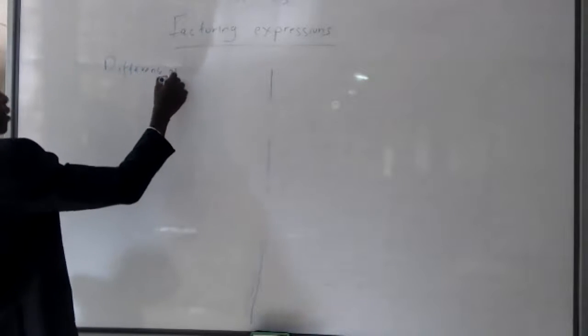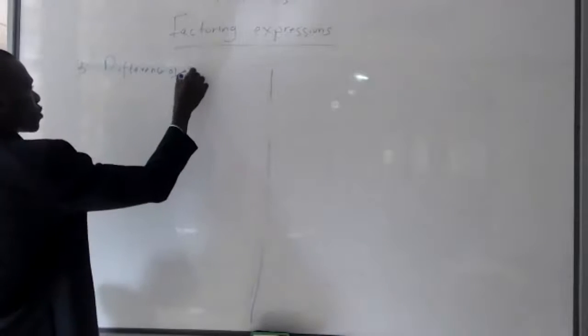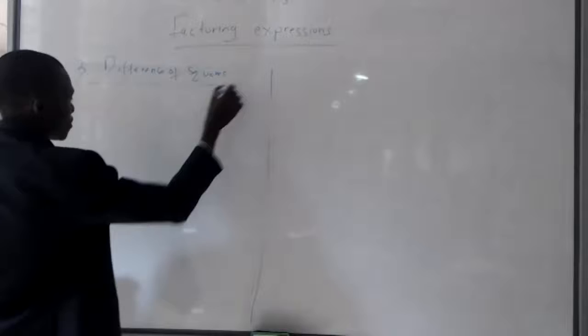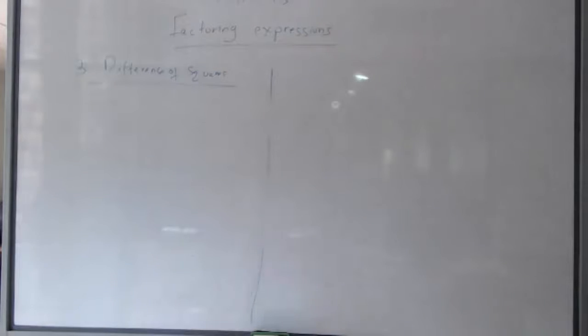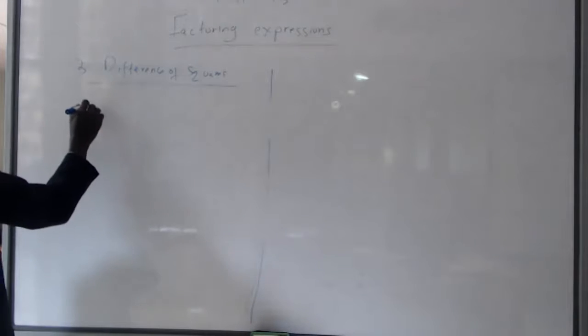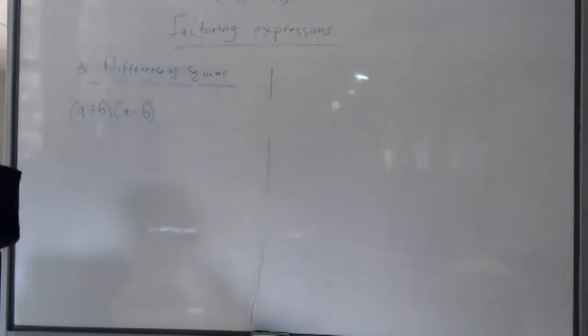This is the third technique actually. Difference of squares. So what would you get when you multiply a plus b times a minus b?